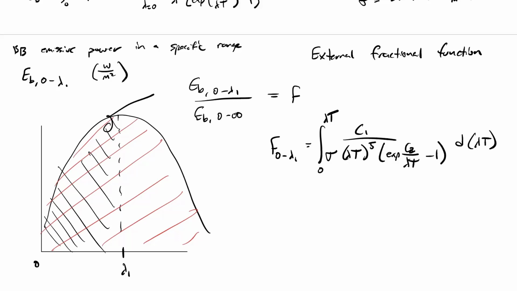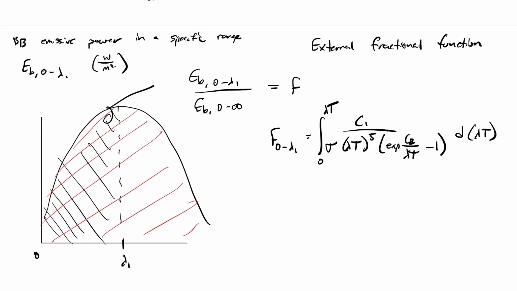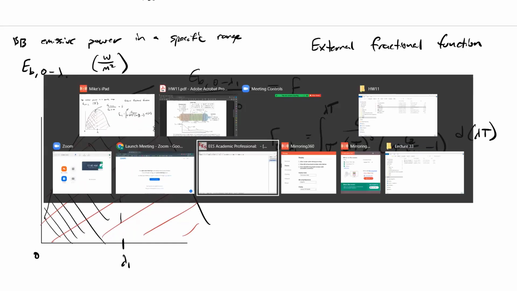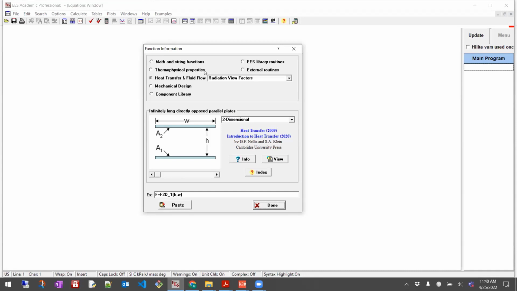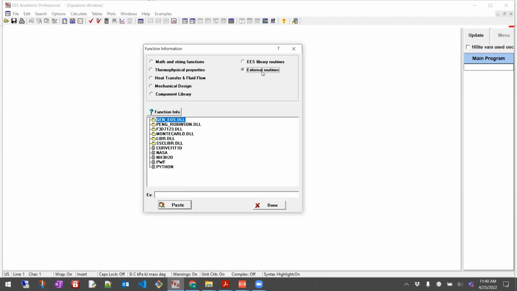Okay, so for practical purposes, what you need to know is this is a definition, but how do you actually use it? How you're actually going to use it is going to a table. Let's look at EES for a second. In EES, there's a function called Blackbody. You can get to that either by typing it in, or you can look at the EES library routines.